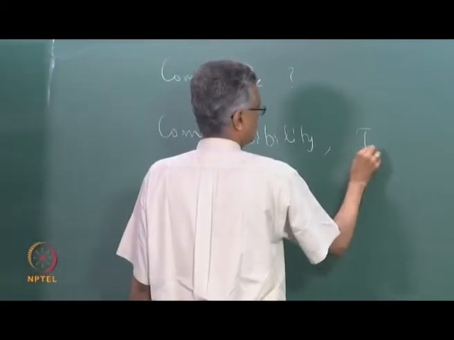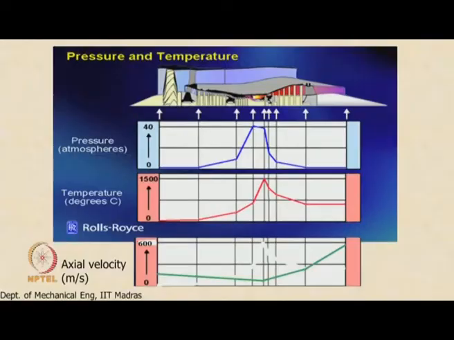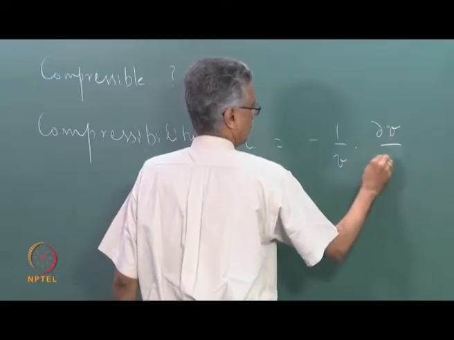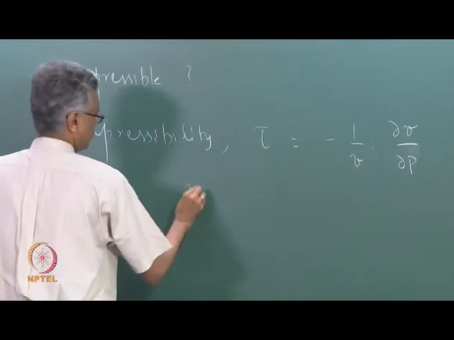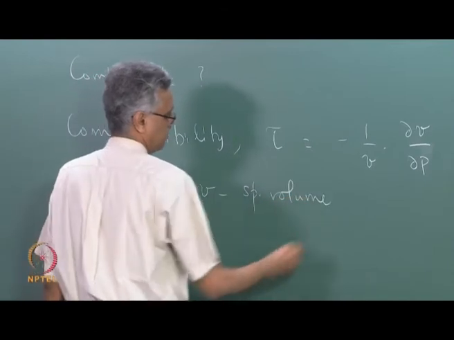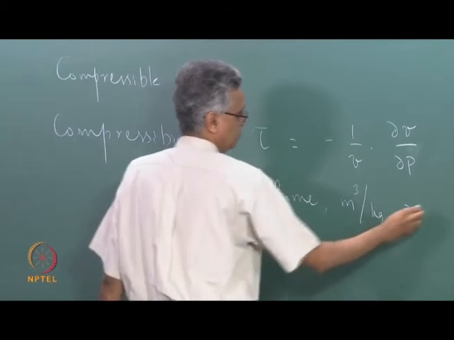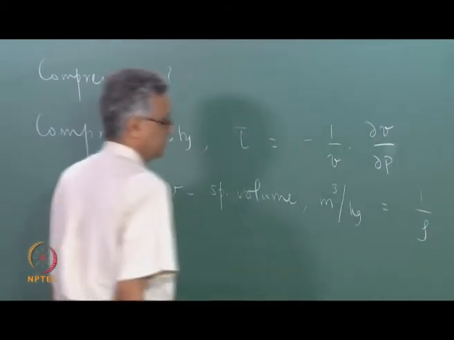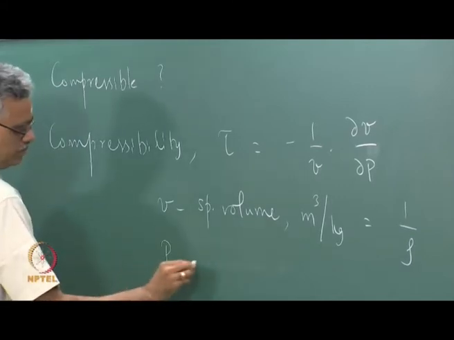Compressibility is usually given a symbol tau, and it is written as minus 1 over V times partial V, partial P. Here V is the specific volume, in meter cube per kilogram, and it is equal to the reciprocal of the density rho, and P is the pressure.